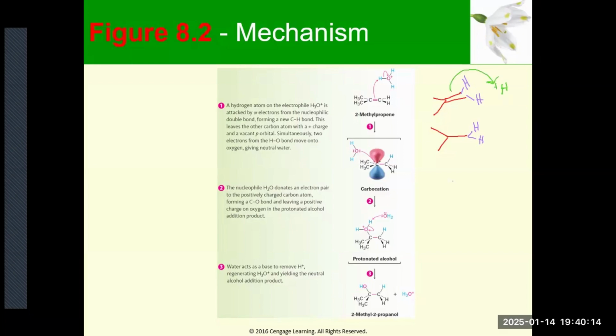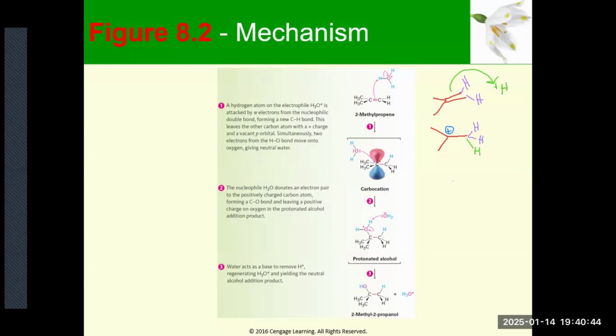Therefore, on here, you still have your 2 hydrogens that are originally there, but you also have that now third hydrogen over here. And because the pi electrons are no longer being shared between the two carbons, but instead the pi electrons went to attack the hydrogen, you're now left with a carbocation on the other side, an empty orbital.